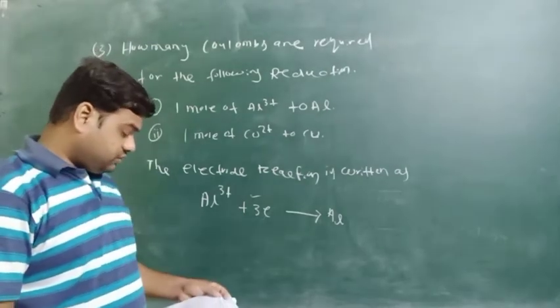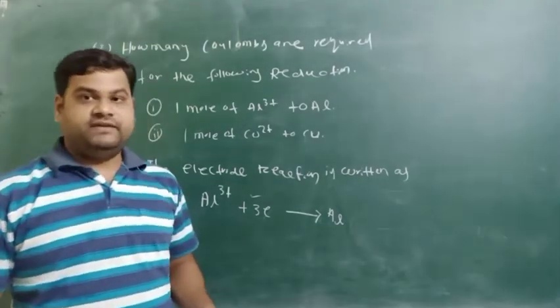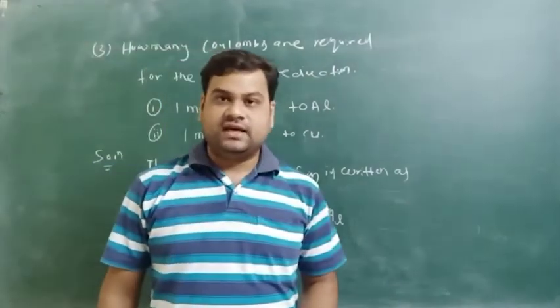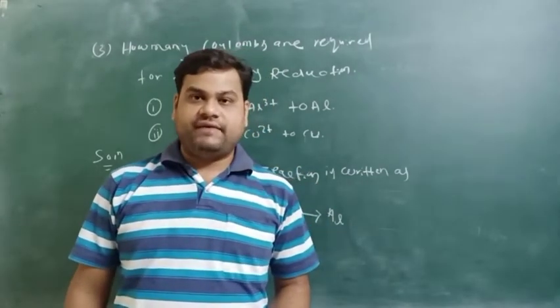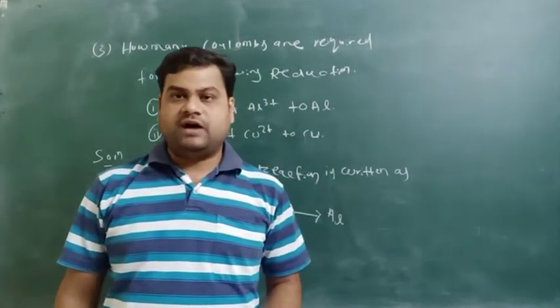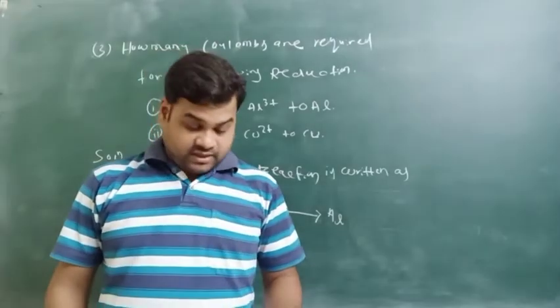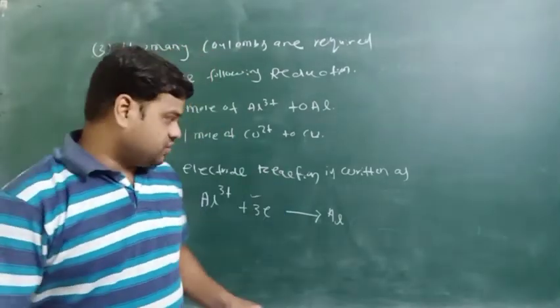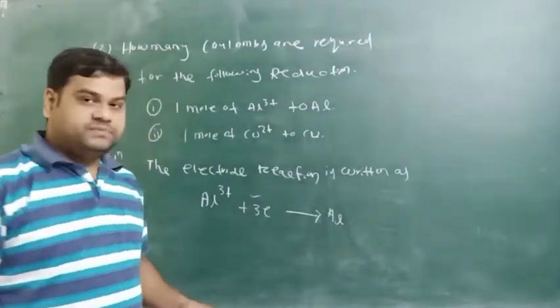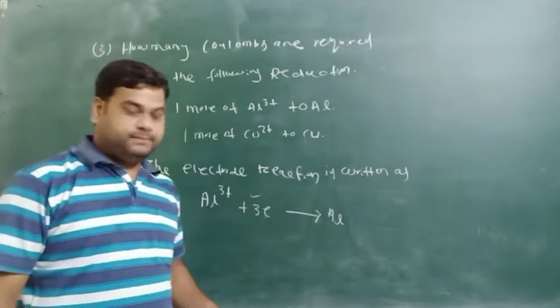3 moles of electrons will be multiplied with 1 farad, meaning 3 into 96,500 coulomb. So we will get how much coulomb of electricity is required for the reduction process of Al3+ to Al.